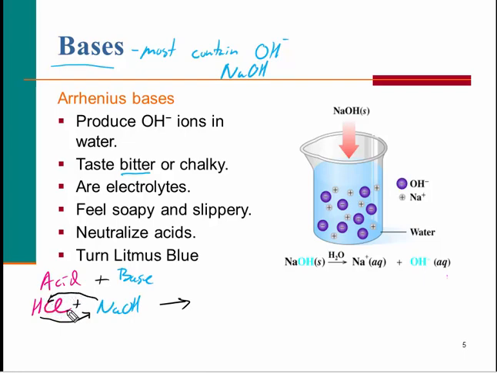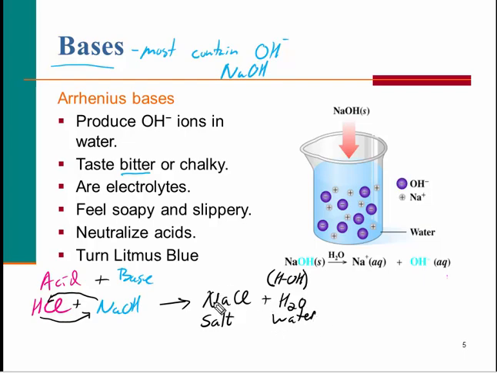You switch out the 2 cations. The sodium is now going to combine with the chlorine, so we get NaCl, sodium chloride, or table salt. This is a salt, plus hydrogen combines with the hydroxide. I'm going to write it as H2O, but it might help to remember this is HOH. So you get a salt and water.